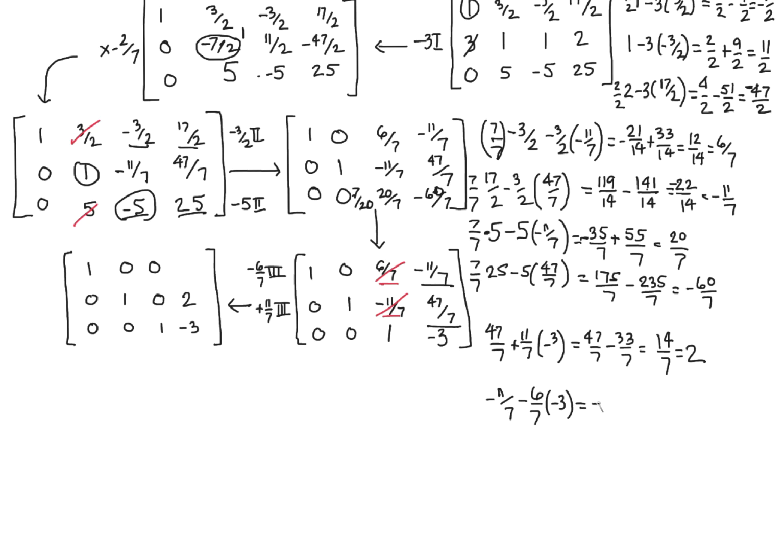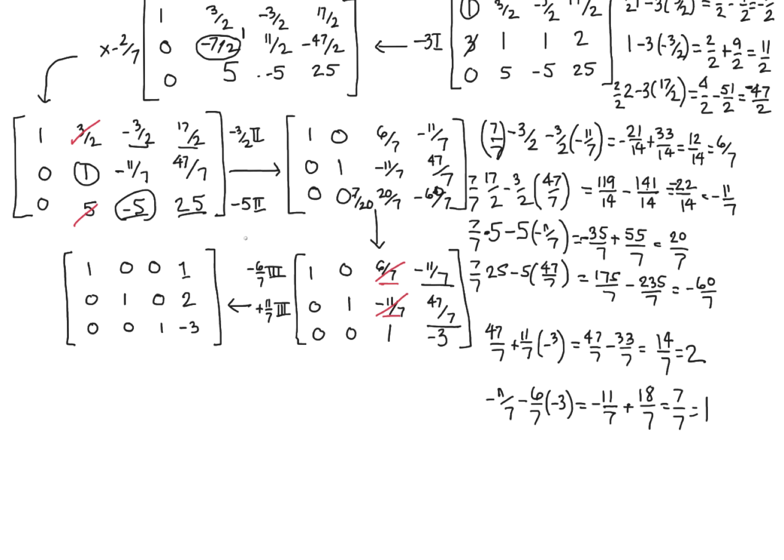Okay, so that's minus 11 over 7 plus 18 over 7. And so that should be 7 over 7, which equals 1.